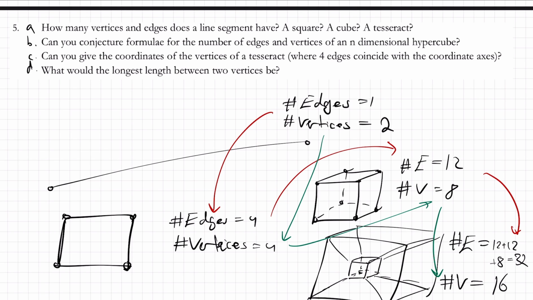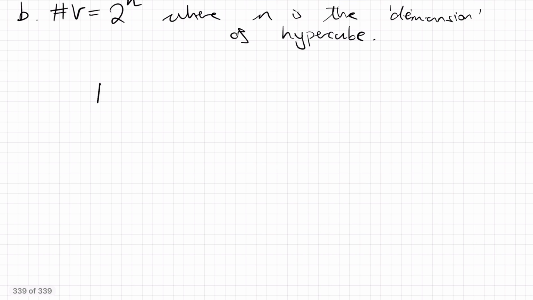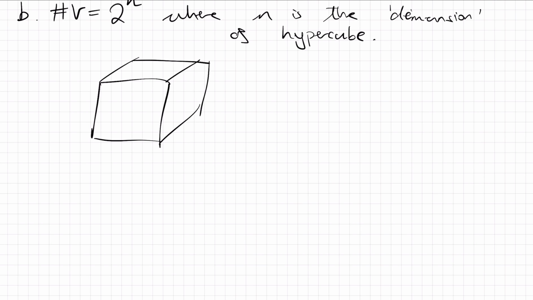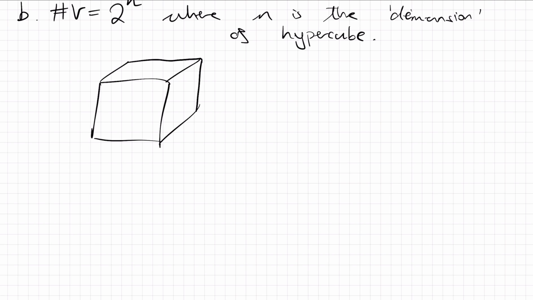Okay, so what I'm thinking is every single vertex will have, well, in the 3-dimensional case for the cube, let's just draw it out over here. Oh, this is a bad drawing. Let's do that. Okay.